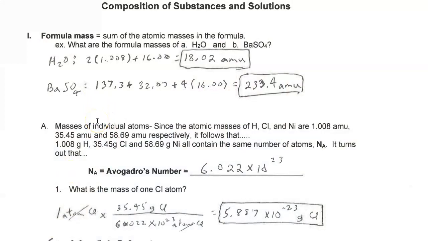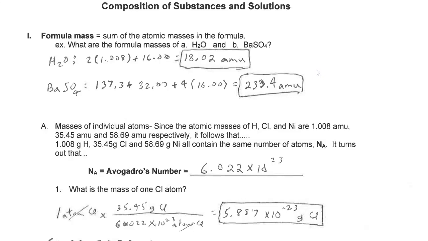Okay, so if you'll remember, we talked a little bit about atomic mass, and we said that was a weighted average of all the isotopes of a particular element. And so the atomic mass kind of tells you how heavy an atom is. Right? Well, there are 92 naturally occurring elements in the universe.